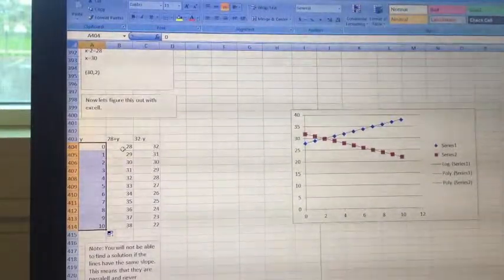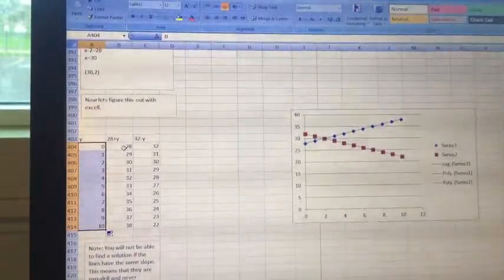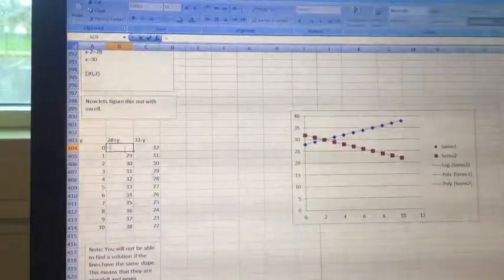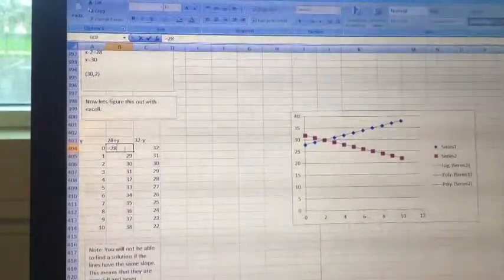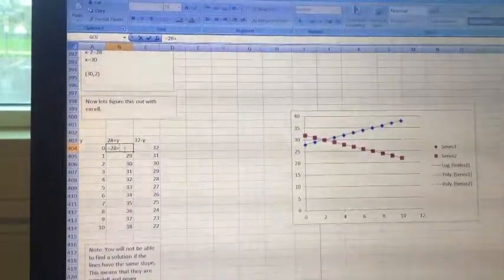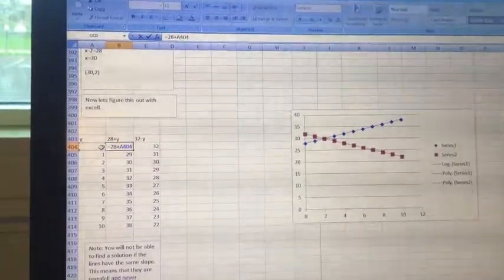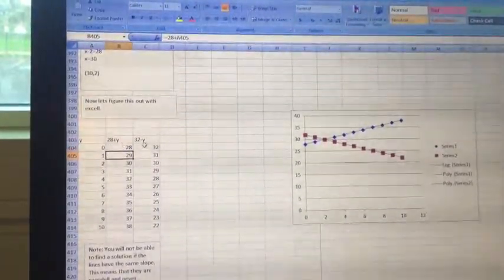So we put these two equations in, and then we're going to actually put these values in. So we say equal to 28, and then we say plus, and we click on our y value. And then we hit enter, and you see that I got the same number.